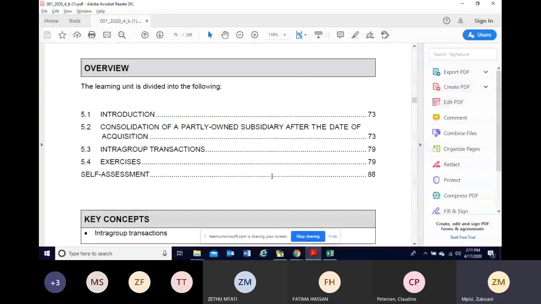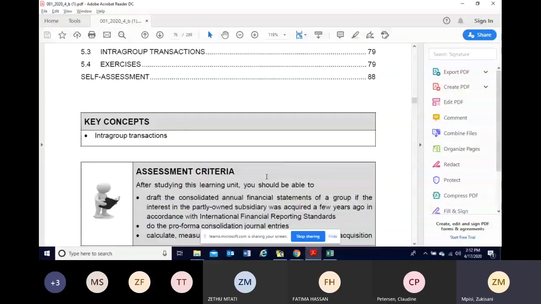One of the things that we'll also touch on is what happens to the transactions that are between the two companies, the parent, the acquirer, and the subsidiary, that is made up of the parent and the non-controlling interest. So we'll touch on that as well.